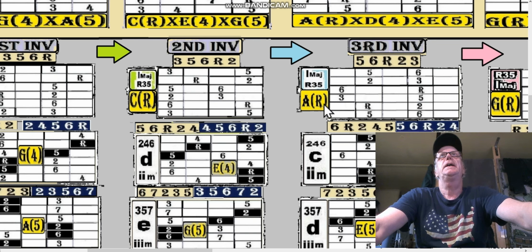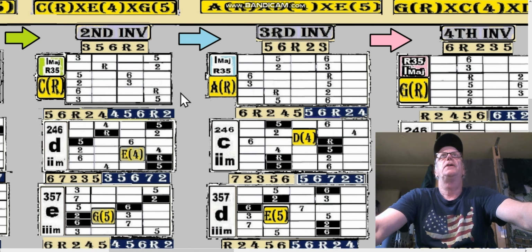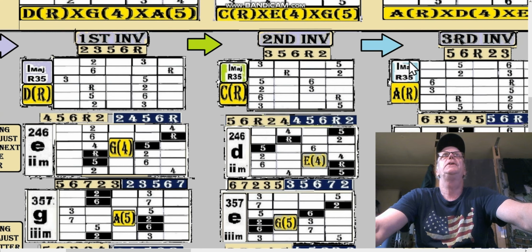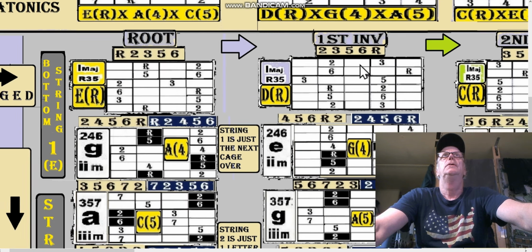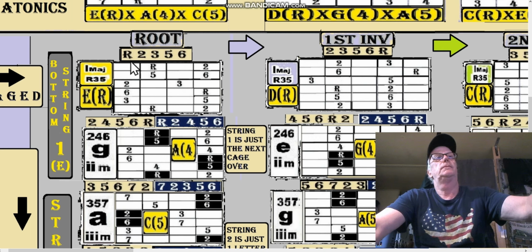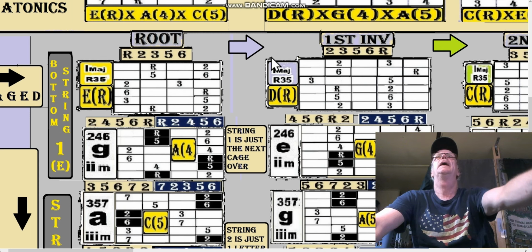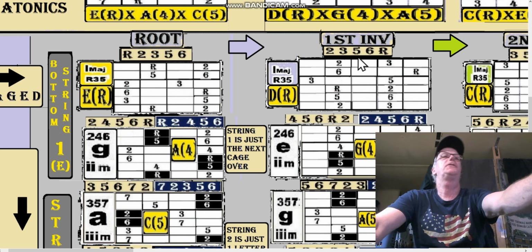So the A cage starts on the C cage's outer note, so it's 5, 6, starting on, and it's just going through. Now it starts up here as the 5. So this is an inversion of the original, and then we go 2, 3, 5, 6, root.